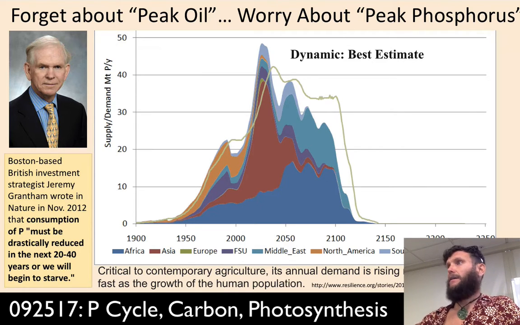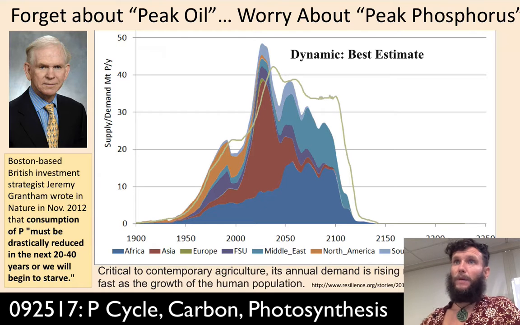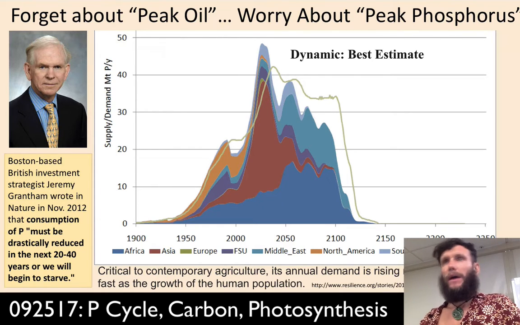This slide is one of the primary components of developing those population-based estimates. People who aren't taking into account phosphorus availability aren't really able to say what the peak population is going to be, because energy and space and all that is nothing if you can't feed people.